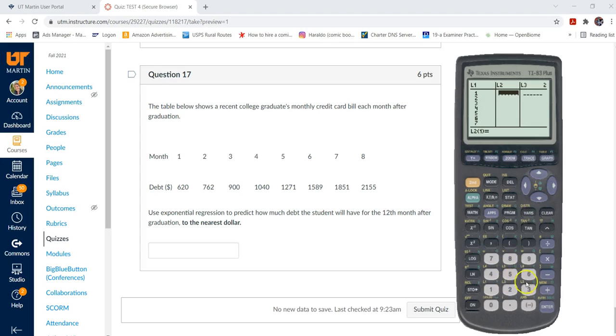And here I'm going to have 620, 762, 900, 1040, 1271, 1589, 1851, and 2155.